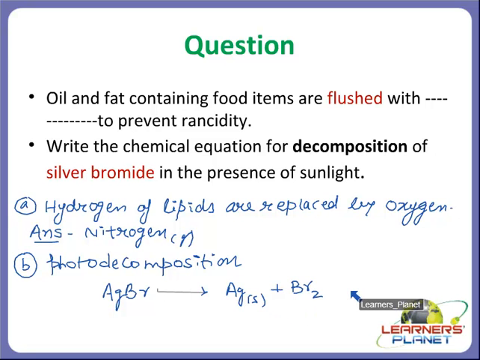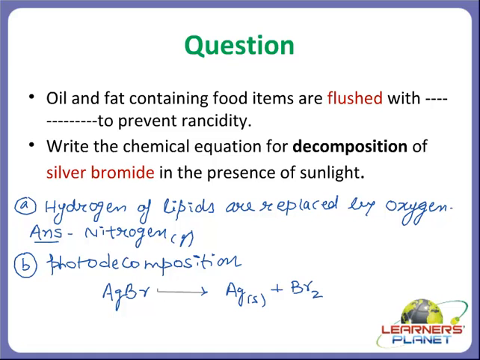Now children, is our equation balanced? The products formed are silver and bromine. Right? Is our equation balanced? How many silver atoms are there on the LHS? It is 1, children. On the RHS it is also 1. What about bromine? Bromine is 1 on the LHS and 2 on the RHS.